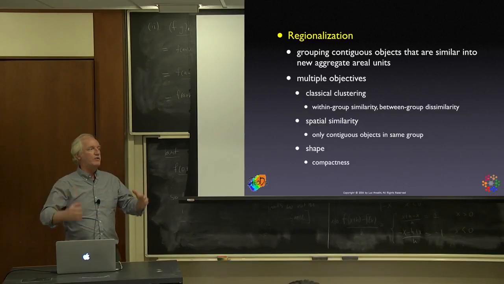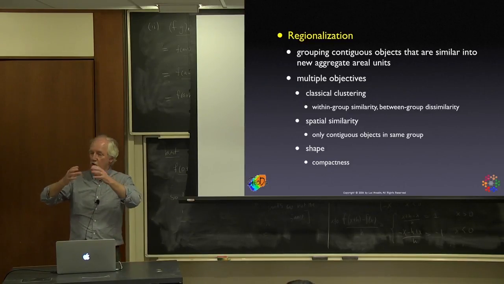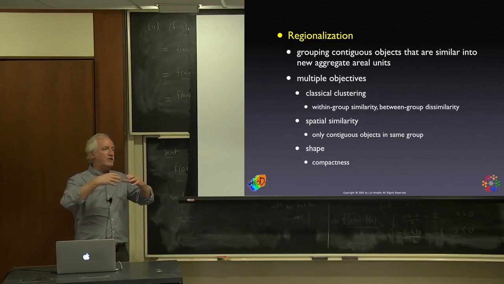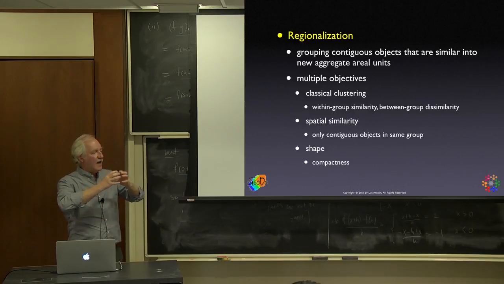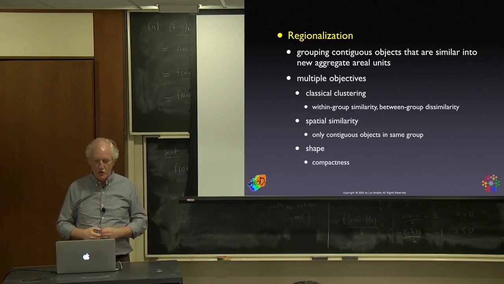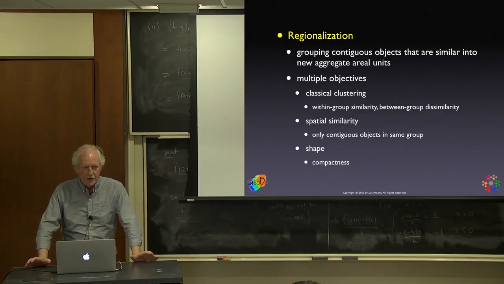Let's say you want to have at least 50,000 people in your area. So how are you going to group these initial atomic areas into larger groups that are contiguous? They have to be connected and reach your target population or reach some other kind of objective function. So this is, in essence, a multi-objective optimization problem.